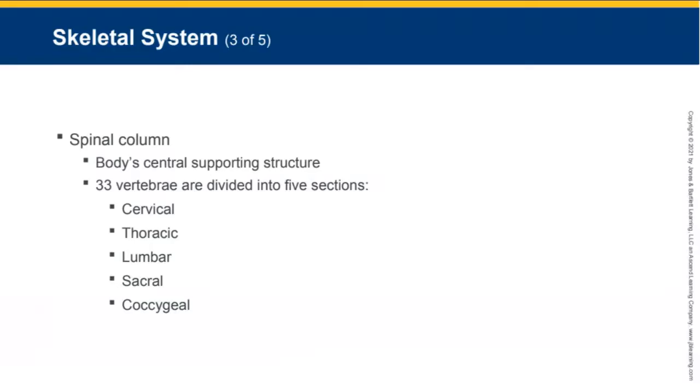Now, the spinal column, the body's central supporting structure, consists of 33 vertebrae, and they are divided into 5 sections. You have the cervical, thoracic, lumbar, sacral, and coccygeal, or coccyx, which is fused.